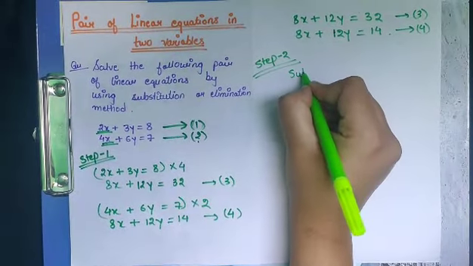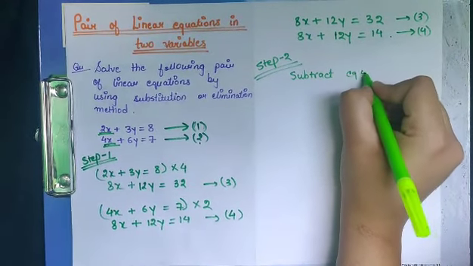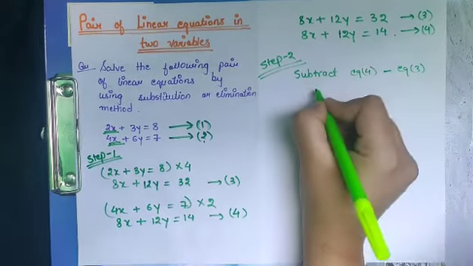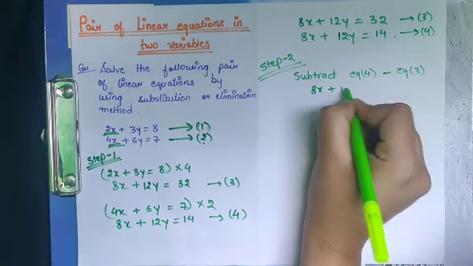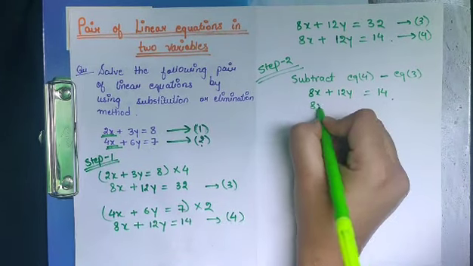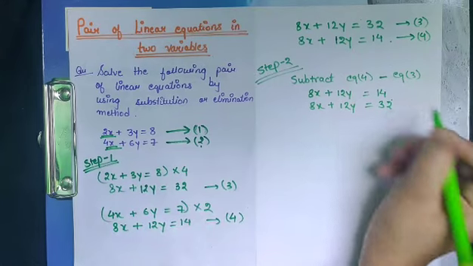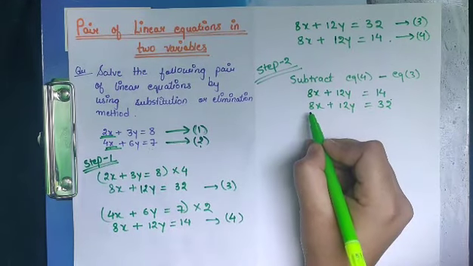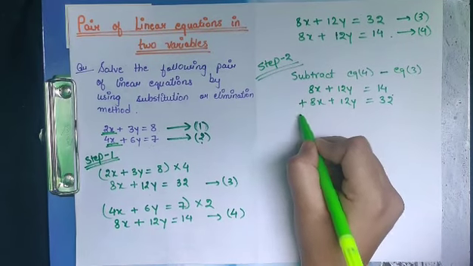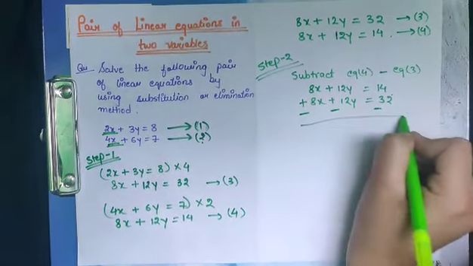Subtract equation fourth minus equation third. 8x plus 12y equal 14, 8x plus 12y equal 32. When we subtract, we change the sign of lower equation. So plus will become minus here also and here too.